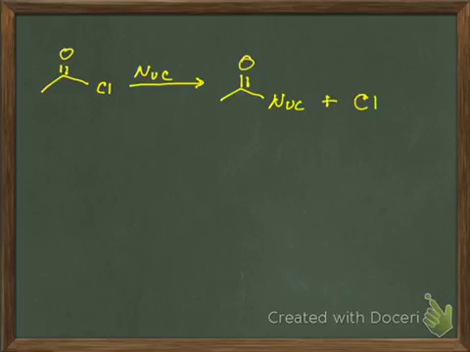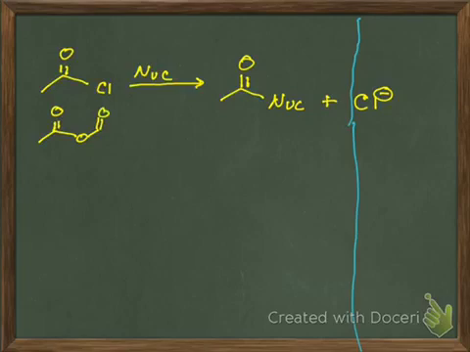plus Cl anion. I'm going to draw a separate line over here for reasons that will become apparent soon. For the anhydride, what we get is this.